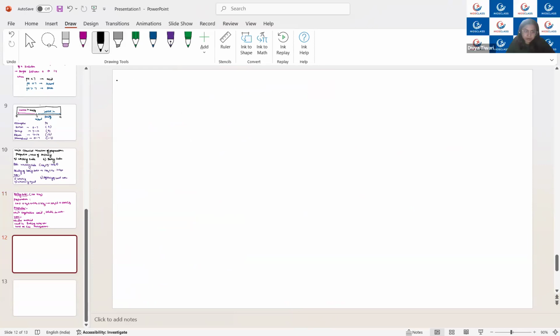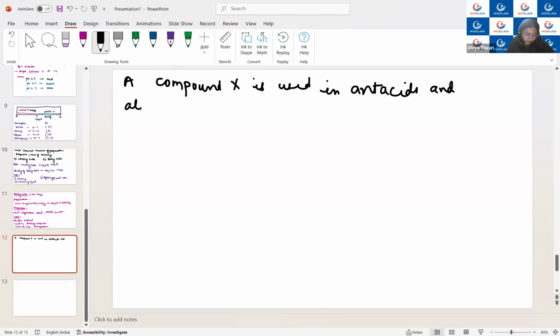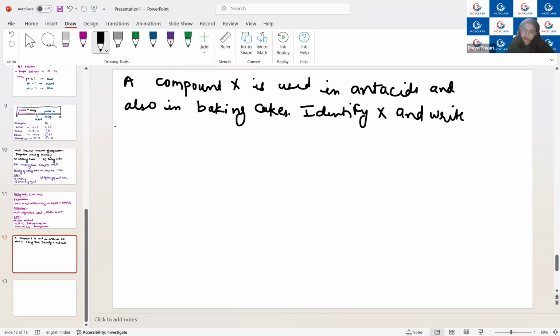A compound X is used as an antacid, also in baking cakes. Identify X and write its formula.